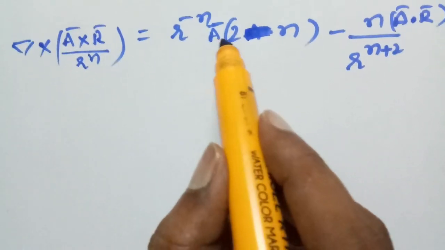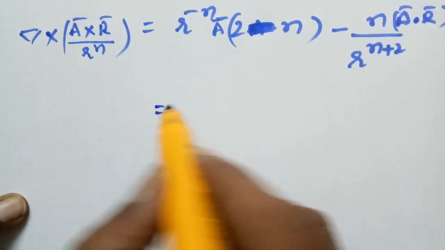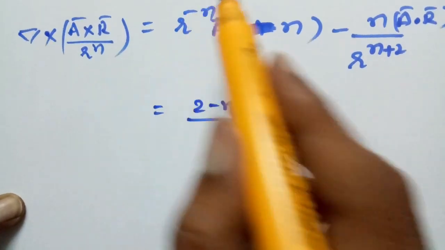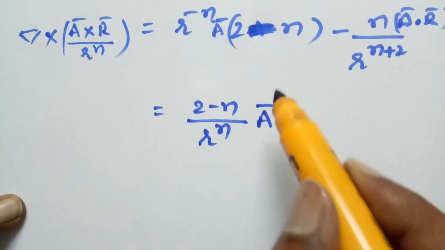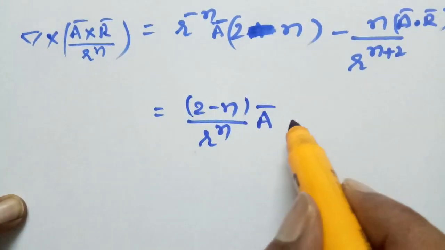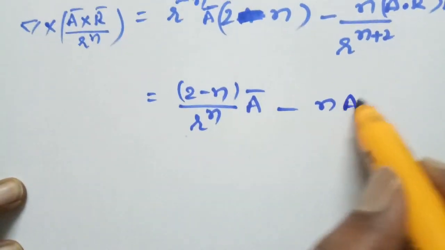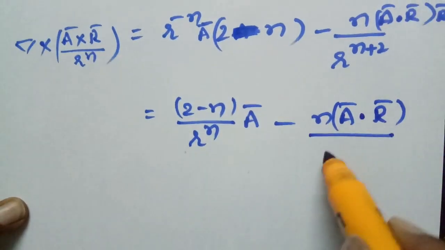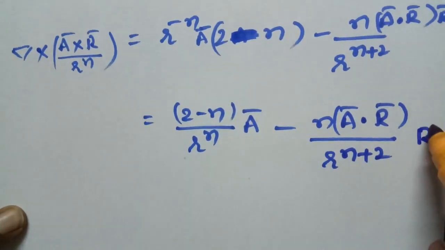So that is 2 minus n by r power n into a bar minus n into a bar dot r bar by r power n plus 2 into r bar.